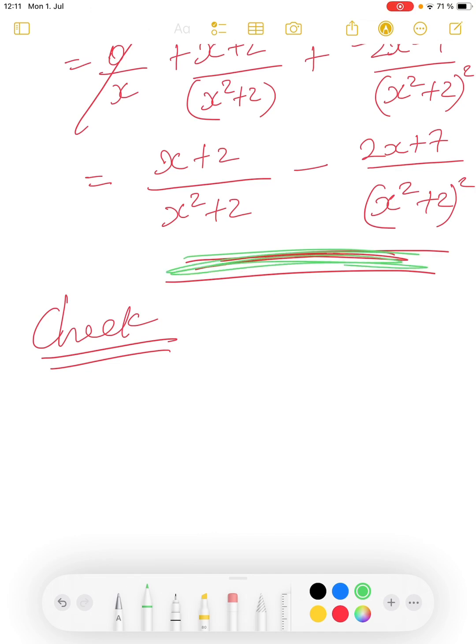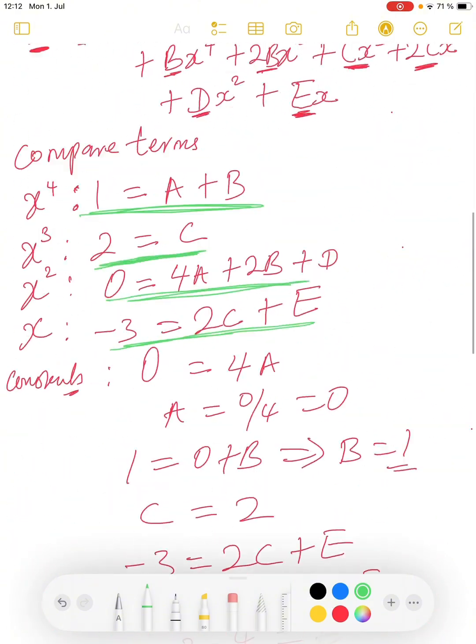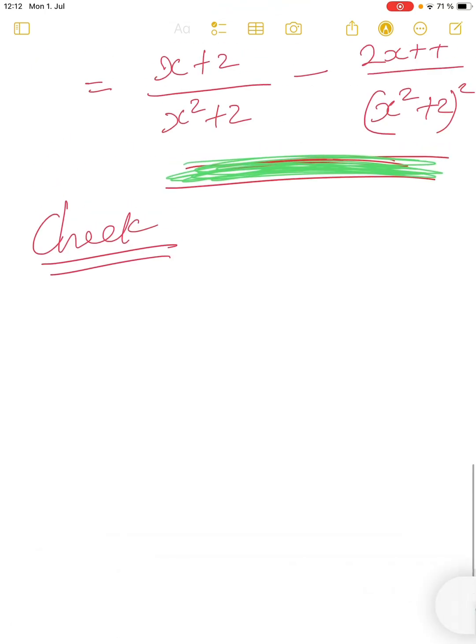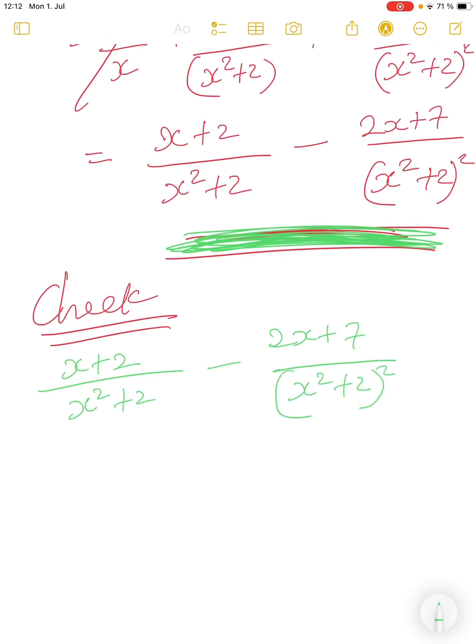To check this, we can combine this fraction to see if we will get the same fraction here. So to check, let's say x plus 2 over x squared plus 2 minus 2x plus 7 over x squared plus 2 all squared. If we take the LCM of both, we have x squared plus 2 as the LCM, now squared, x squared plus 2 squared.